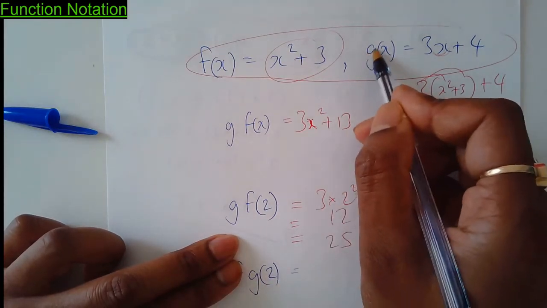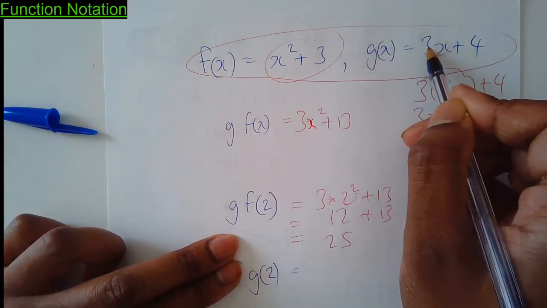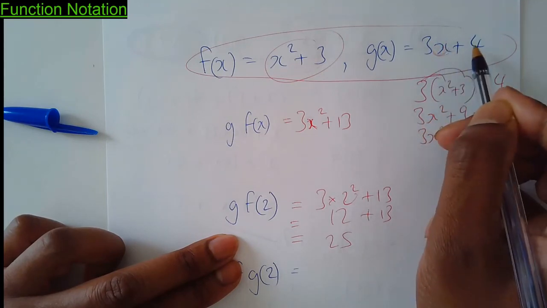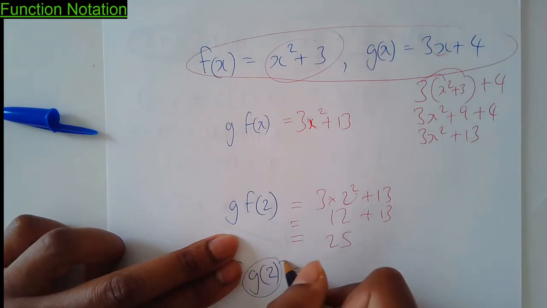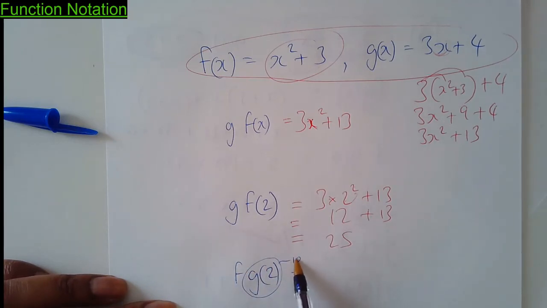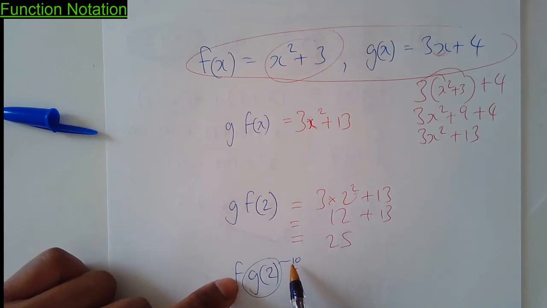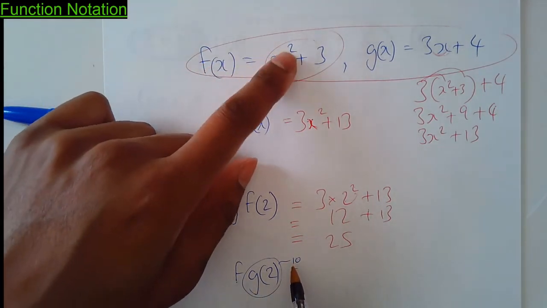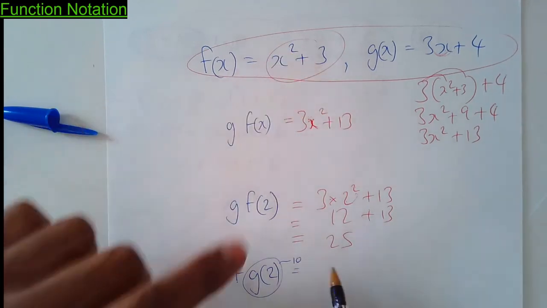So it would be 3 times 2, which is 6. 6 add 4 is 10. So that bit there is 10. Now replace the x in f of x with 10. You look at the f function over here, replace the x with 10. So you've got 10 squared is 100, 100 plus 3 is 103.